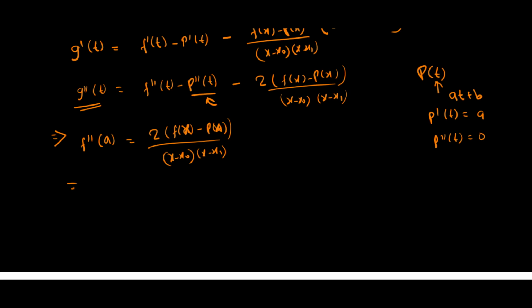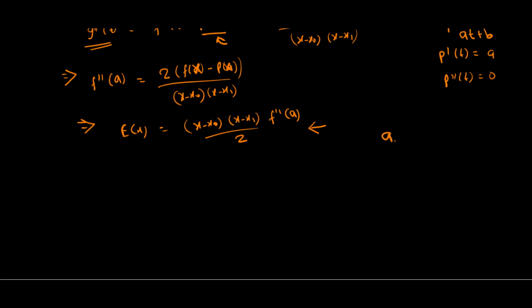So we can write our error term e of x, which is fx minus px, as x minus x naught into x minus x1 upon 2 times f double dash of a, right? And if you remember, this is the same error term that we calculated in the Lagrange linear interpolation, right?